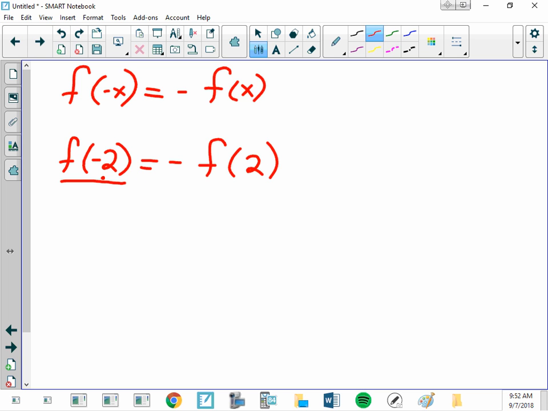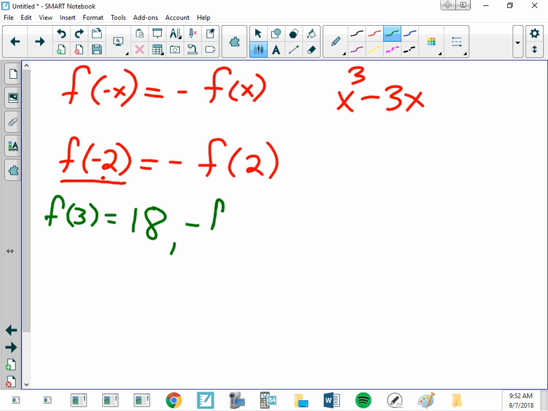Let's just do a couple and see what happens. Okay, f of 3. So I plug in 3. 3 cubed is 27, minus 9 is 18. Okay, and that should be exactly the same as what? So f of 3 should equal the opposite of f of negative 3.